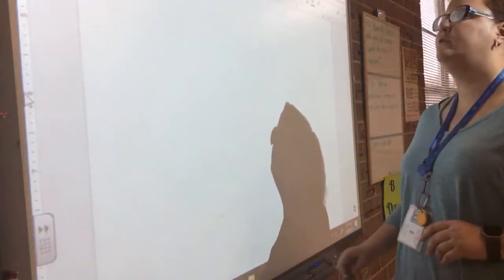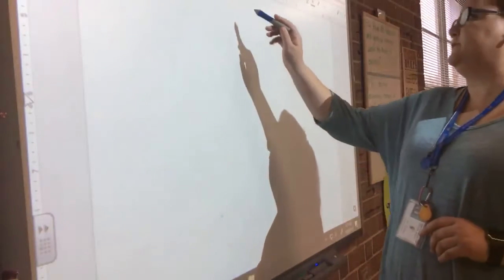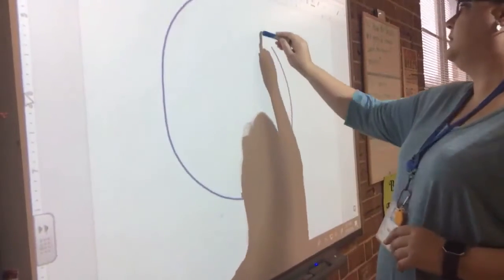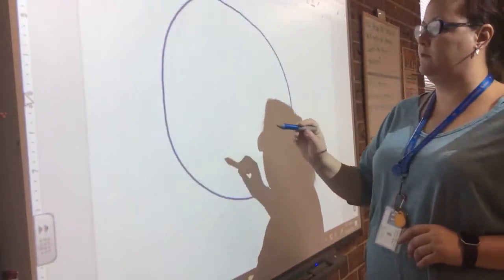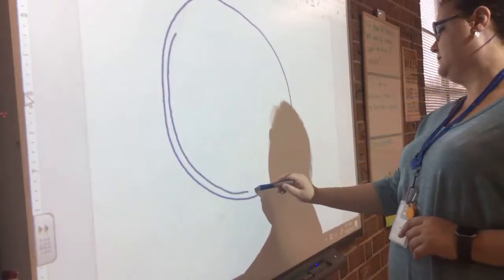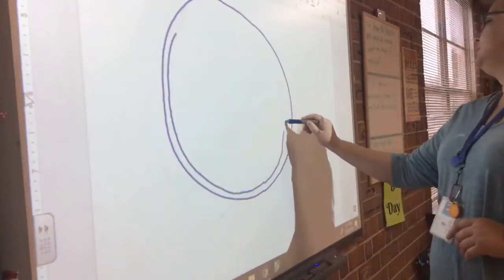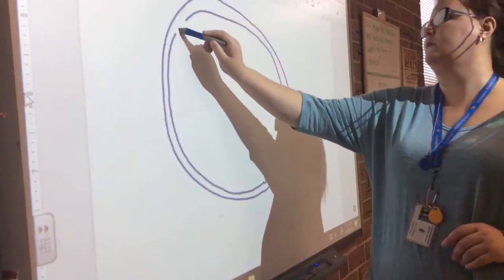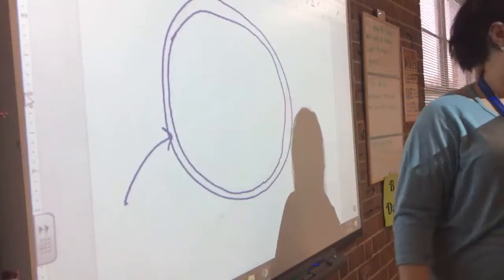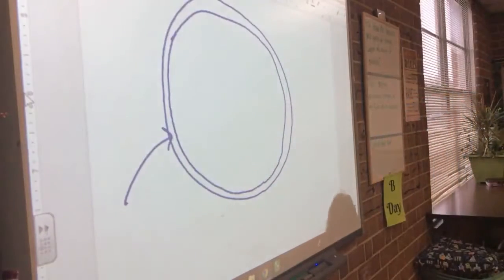So in the earth, we have a bunch of different layers. The layer that we're standing on is called the what? What's the part that we stand on? The crust.